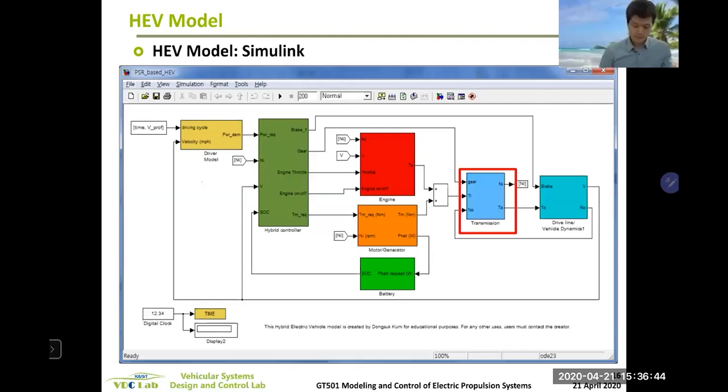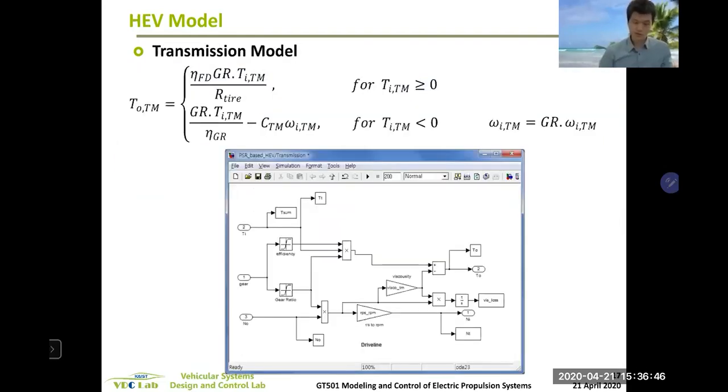Transmission. Let's look at transmission. Transmission in this model is a quasi-static model. Okay, it's a static model. So there are no dynamic states. So there are only algebraic relationships.